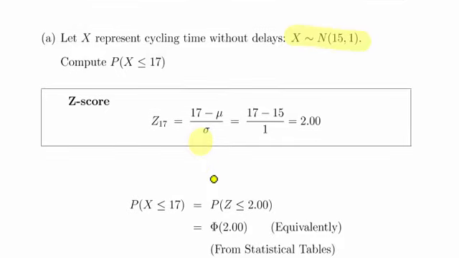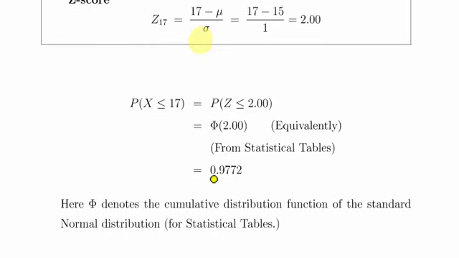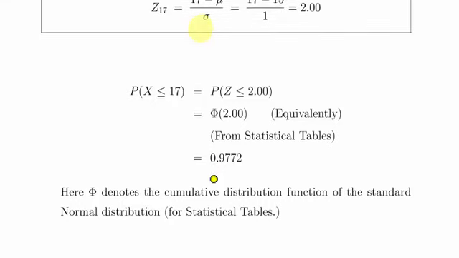So the question asks us the probability of X less than or equal to 17. That is equal to the probability of Z being less than or equal to 2. Now I'm going to use this function called the phi function, which is the cumulative distribution function of the standard normal distribution.